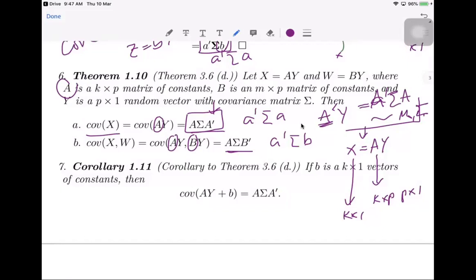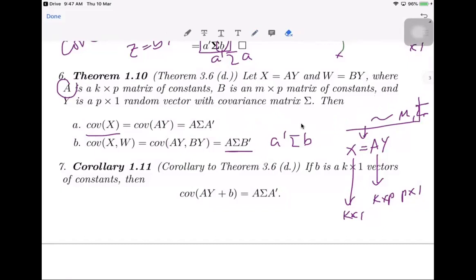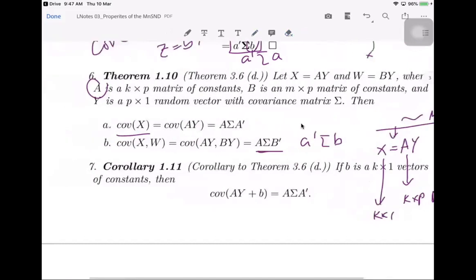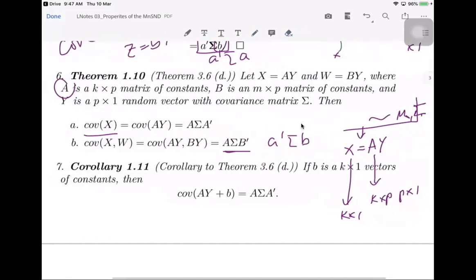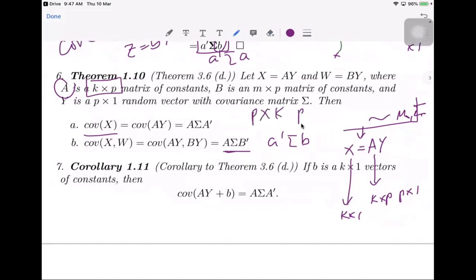Why? Why can't it be A transpose? Because it is no longer conformable, ma'am. Okay, because it will not be conformable as how we defined the dimension of A. The transpose would be p by k, while your Y is p by 1.